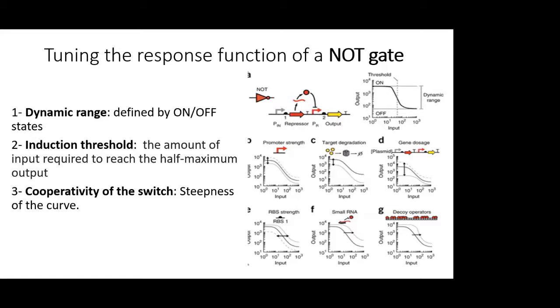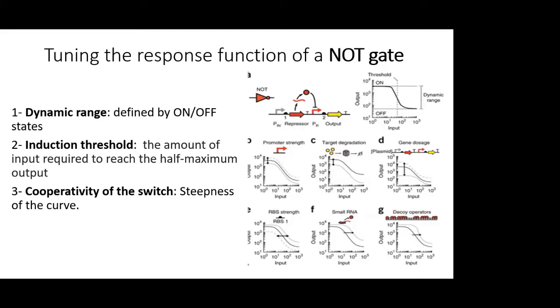If you are speaking about, for example, genetic logic gates, you have different characteristics for the logic gate: the dynamic range, which is the range of the output that you can get from this gate, from this genetic circuit.